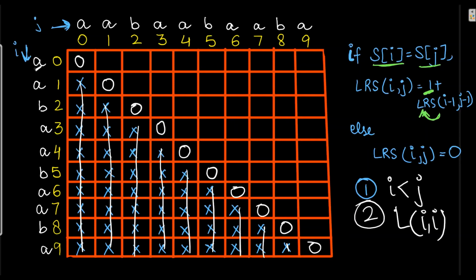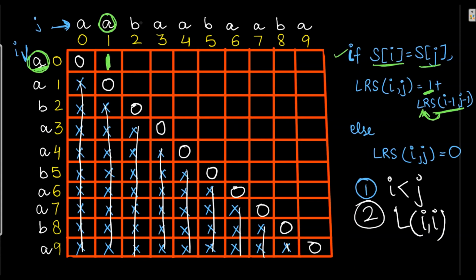So here we are on A. Is A matching with A? Yes. So I put 1 plus, as A is matching with A, but I also have to look at its diagonal, and as I don't have any diagonal element over here, I'll be putting just 1.